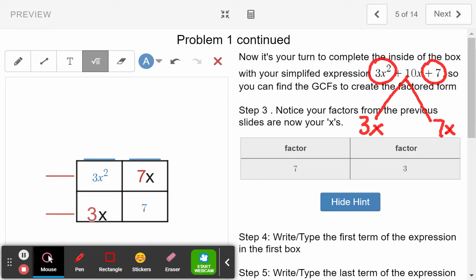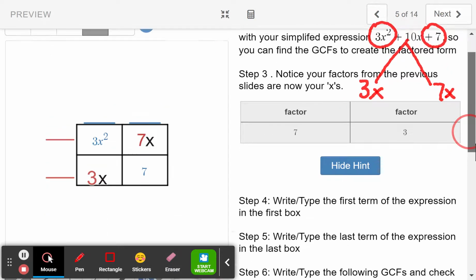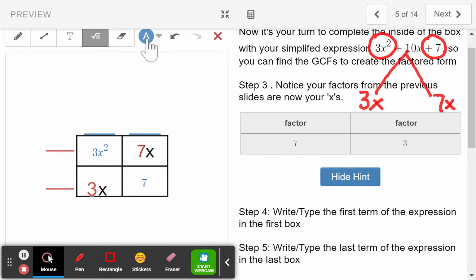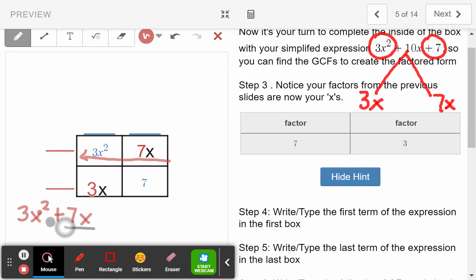And then from there, what we're going to do is find the GCFs. So finding the GCF of 3x squared and 7x. Remember, use slide number 3 if you need to. The greatest common factor of 3 and 7 is a 1. Greatest common factor of x squared and x is just an x.